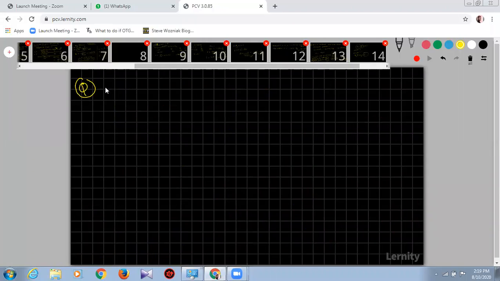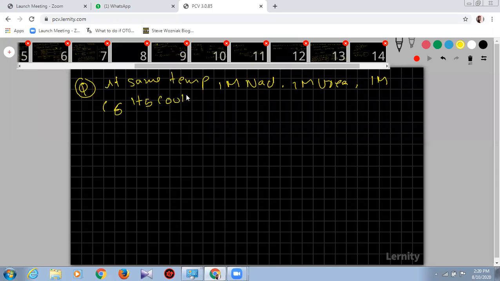At the same temperature, 1 molar NaCl, 1 molar urea, 1 molar benzoic acid, C6H5COOH. Then what is the order?